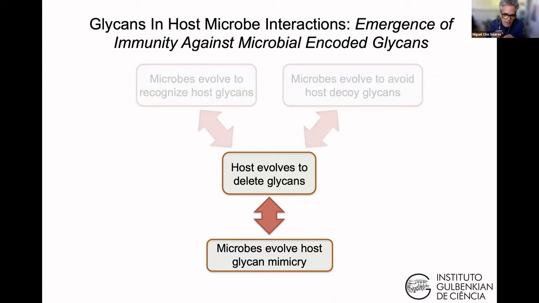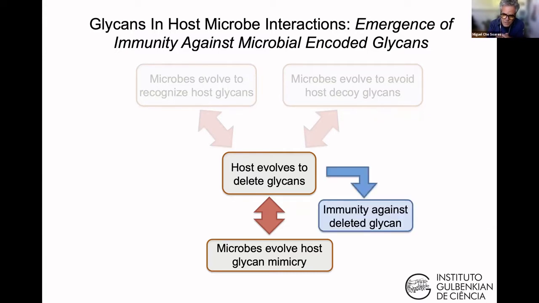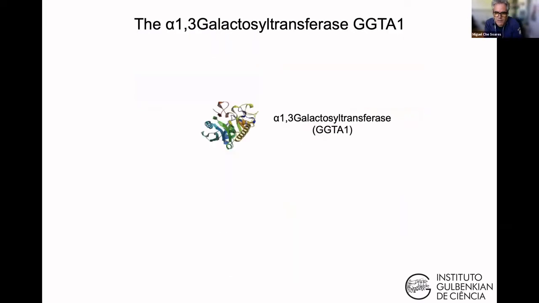So what I'm going to tell you about is a host that evolves to delete glycans and microbes that evolve to mimic those glycans. And one thing that is not often taken care of is that if a mammal loses a glycan, that glycan stops being a self-glycan, and now you can get immunity against the glycan. And you will see that this will have implications.